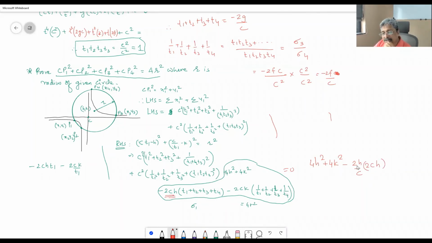So c gets cancelled, 4h square with negative sign, minus 2ck inside bracket 2f upon c, f म्हणजेच k. That makes it 4k square, and therefore this becomes 0 and we end up getting identity. I mean, there are more than one ways of doing it. However, every method will require some involved algebra. Then only you will get the answer.